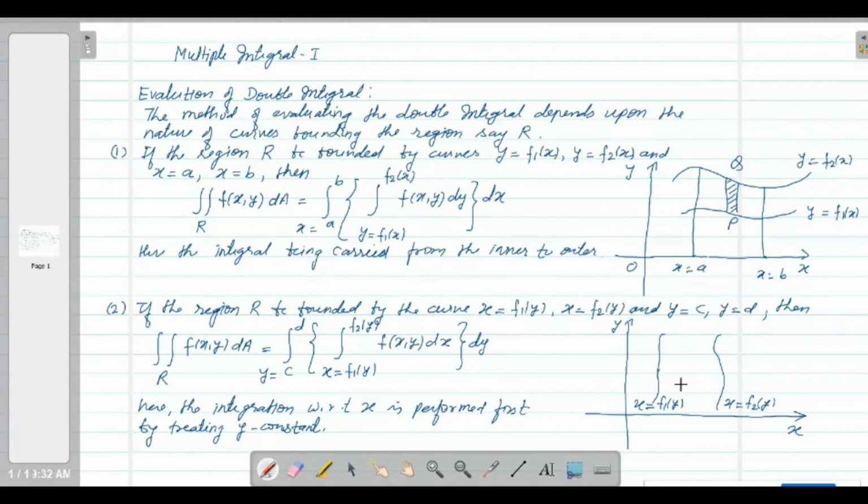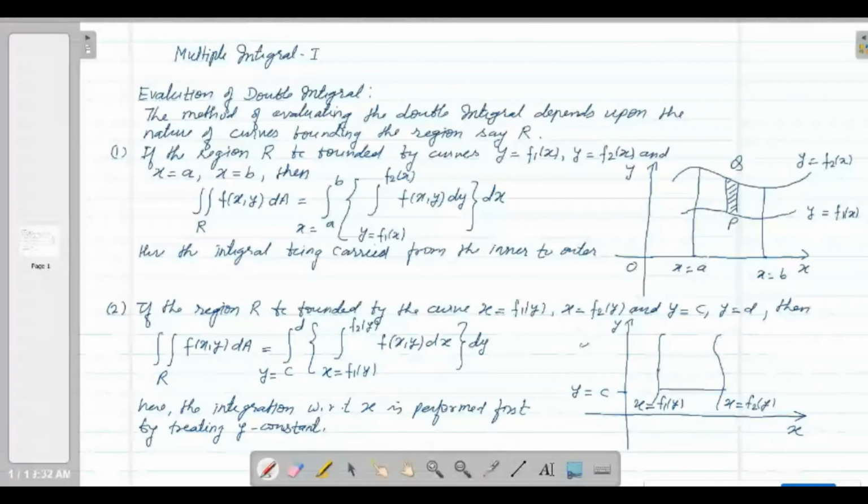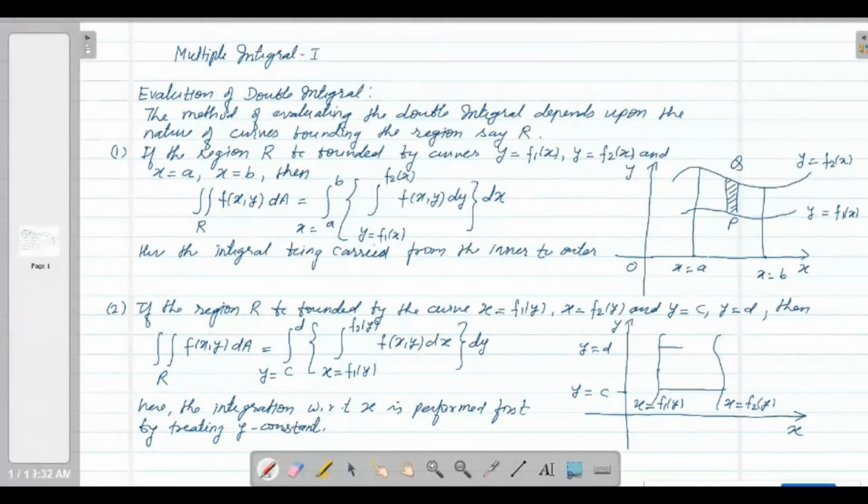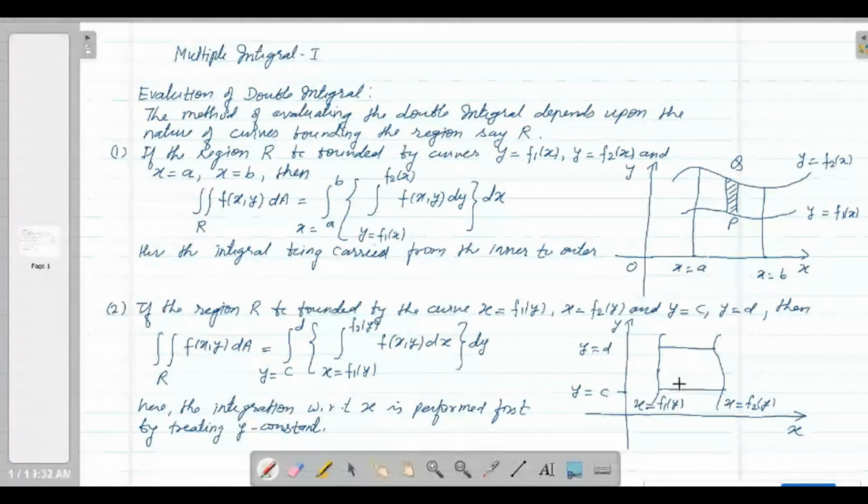So for this, what do I have to do? We have y equal to c. The line y equal to c is parallel to the x-axis, and y equal to d is also parallel to the x-axis. We will find the area bounded by this curve.